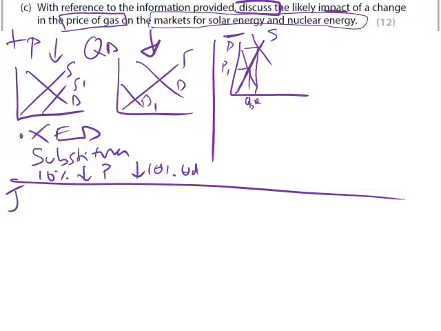The other thing you can look at is things like irrational behaviour. So why would a customer still stick with solar and nuclear energy rather than moving to natural gas? So it may be things like inertia.